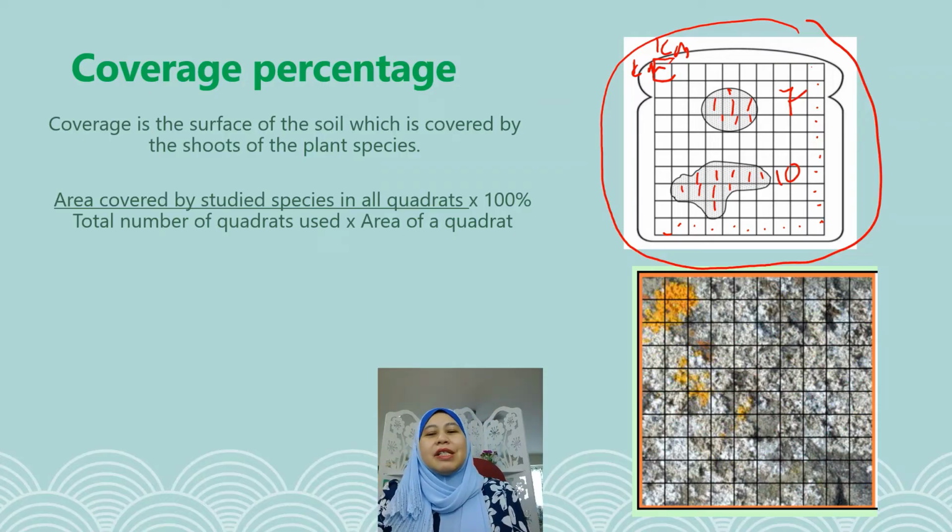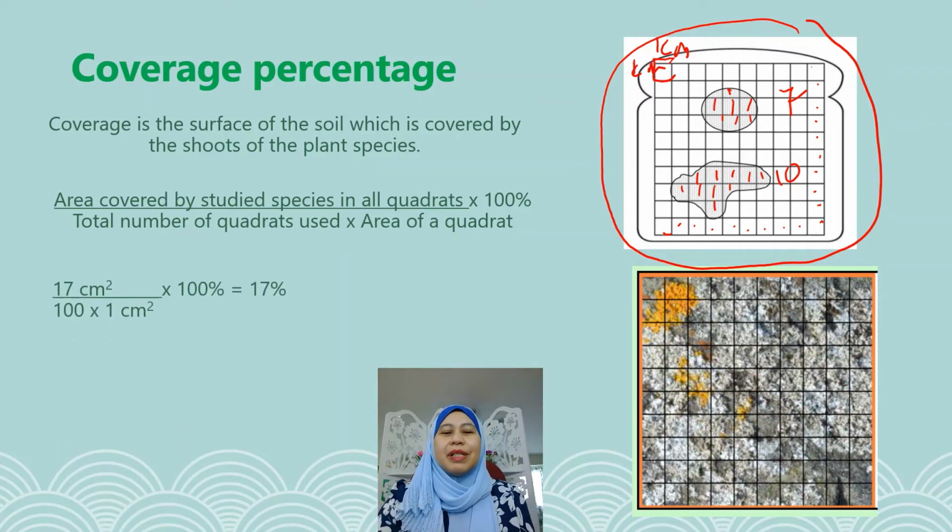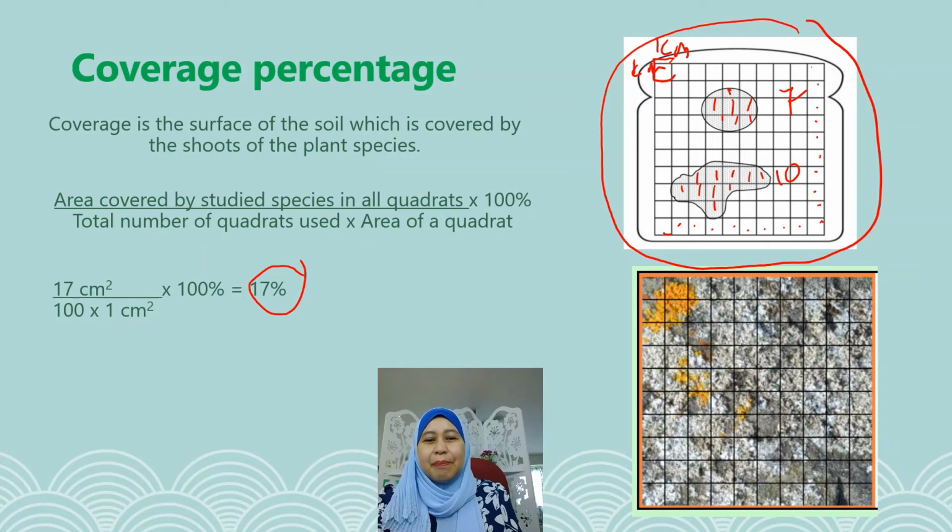So the area is 1 cm square. Put inside the formula. Just now we have 17 cm square divided with 100 quadrats times 1 cm square times 100, punch in your calculator, and you have 17% coverage percentage of Mucor sp on this bread.